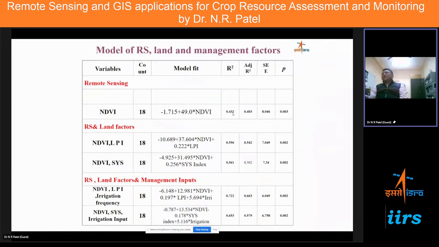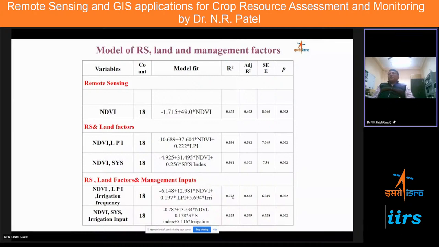We get a 43-45% relationship fit. So it is not halfway. But the moment we include soil related factors, somewhere you can say 55%. Further, if we take management, we can improve the model up to 70%. So it is all about this because crop yield is not simply biomass.